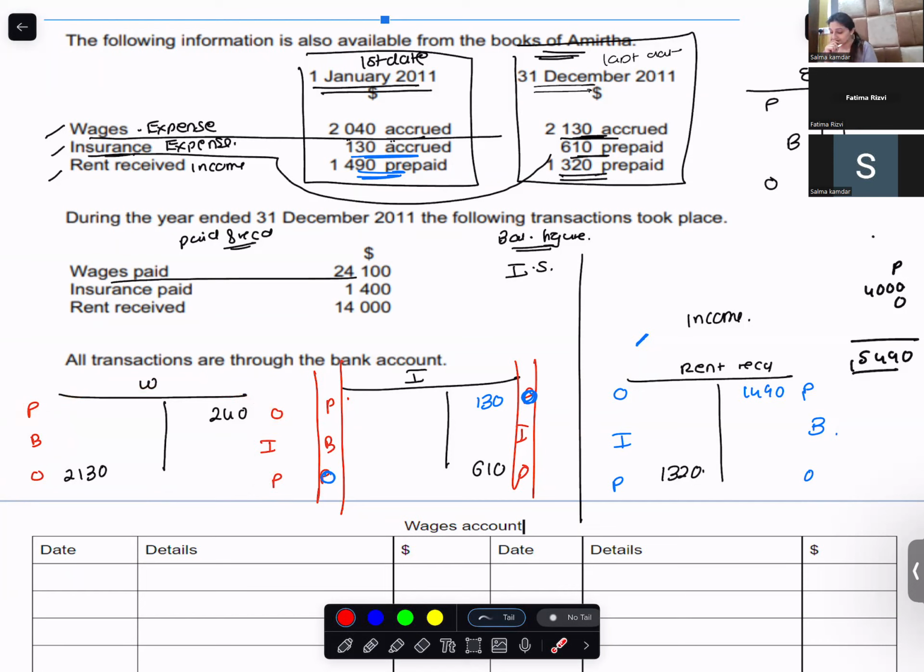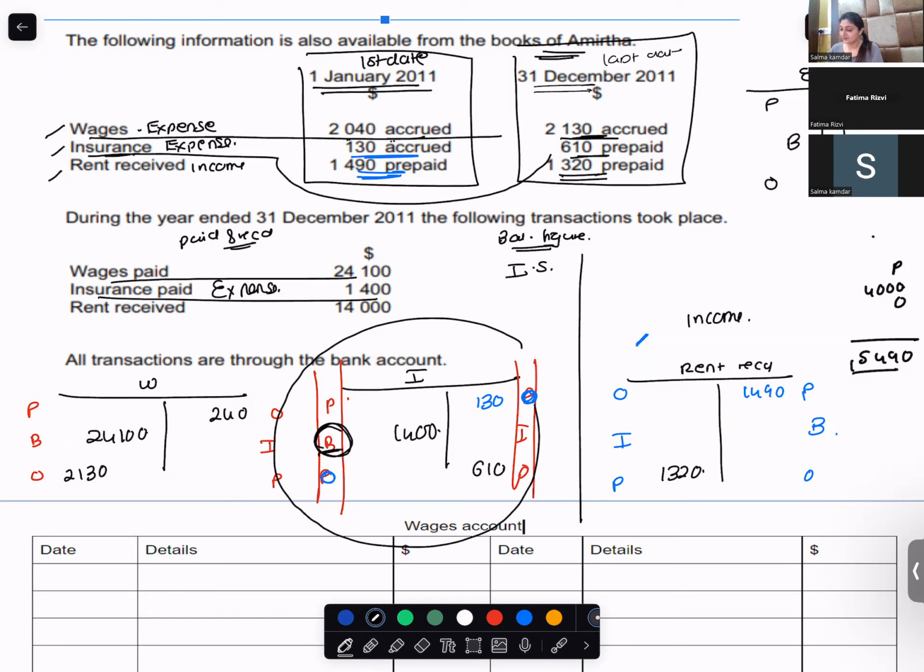Bank, debit side. Insurance paid, which side? Darling, insurance is also an expense, right? Can you see my screen? Yes, miss. So bank, right? Bank is which side? Debit side.